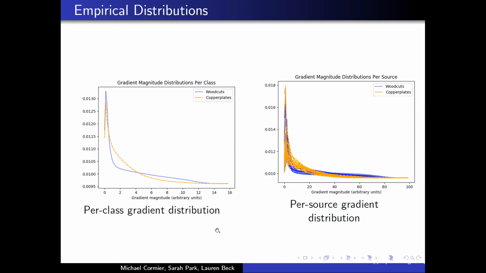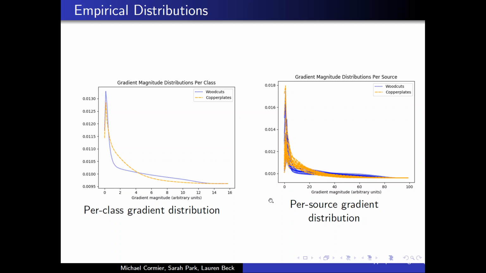And here we can see some empirical distributions of gradient magnitudes. On the left, we see the per class gradient distribution, one for woodcuts, dotted blue lines, and one for copperplates, dashed orange lines. So you can see that there are two very distinct shapes of gradient magnitude distribution here.